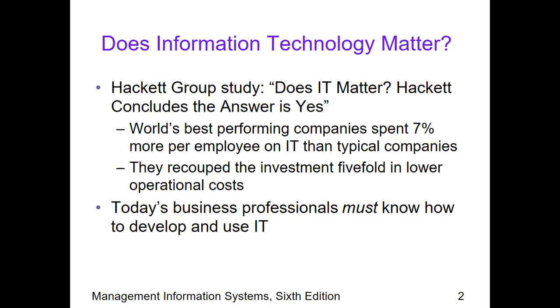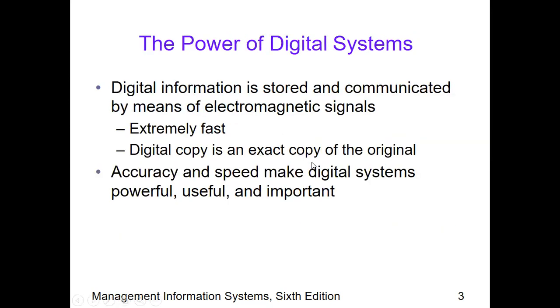Therefore, contemporary business professionals must know how to develop and use IT in their operations. We need to know that in a digital system, the digital information, meaning information converted into computerized format, can be stored and communicated by means of electromagnetic signals.